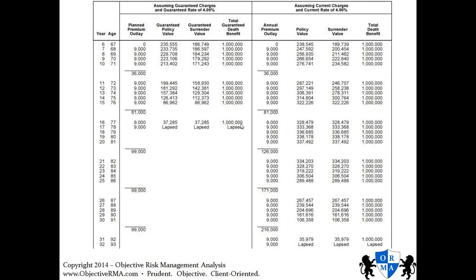But that is at the highest cost charges, and that's not very attractive. More likely is something that's going to be in the middle here. I mean, I doubt that if this client started paying $9,000 a year, it's going to make it to age 92 without any hitch.